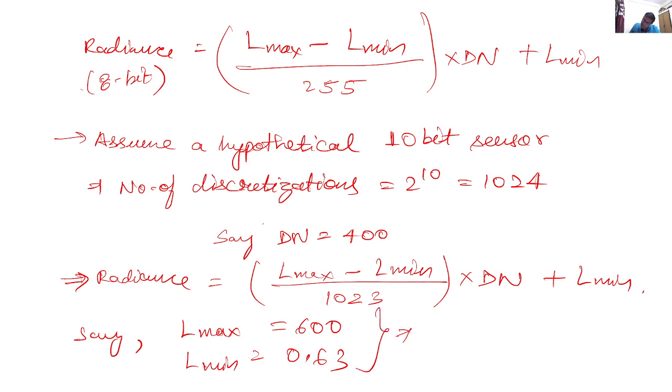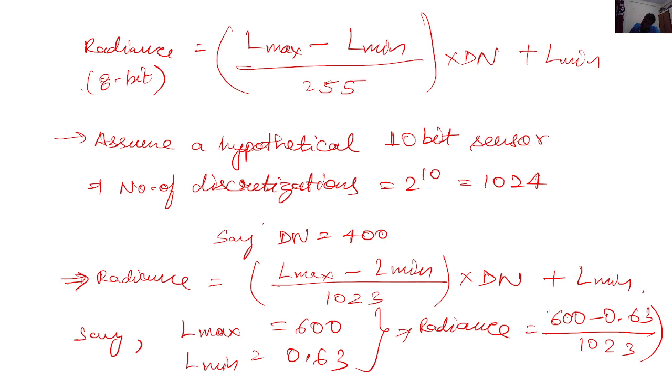Plugging them into the equation, the radiance will come out to be 600 minus 0.63 by 1023 times the DN, which is 400, plus the L min again, which is 0.63.